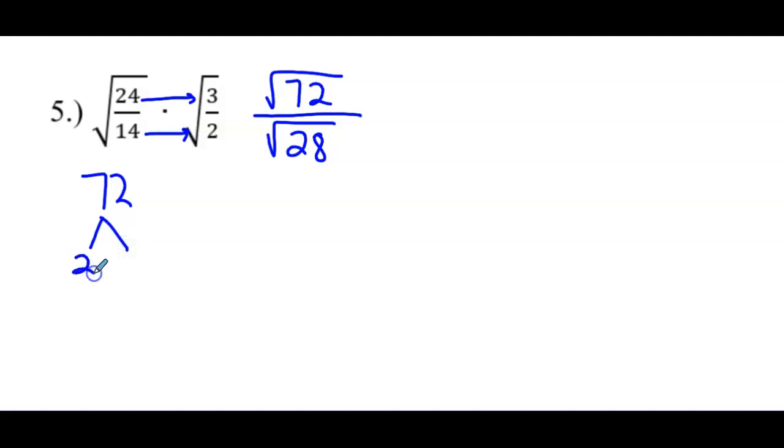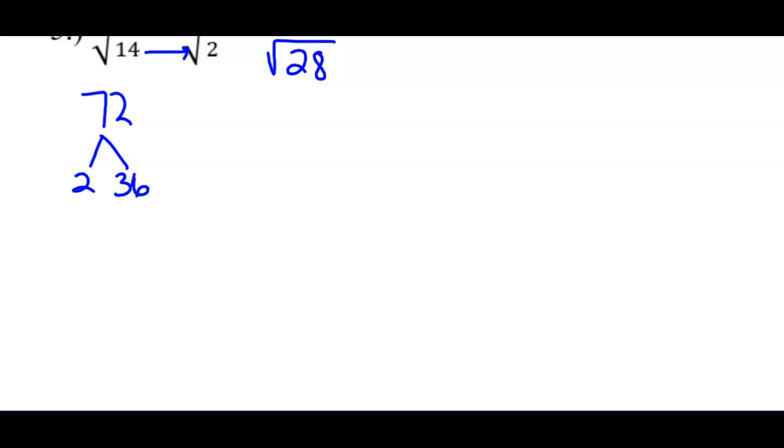I can divide that by 2. 72 divided by 2 is 36. Now, do we even have to continue? Because we know the square root of 36. Do we have to keep going in our factor tree? Well, could.